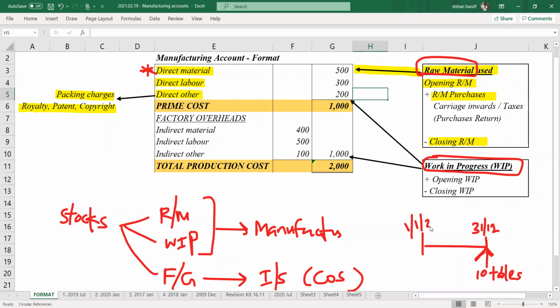This is 2020. This will be completed, FG means finished goods. These 10 tables will be completed in the next year. Therefore, the cost of this will be deducted from the current year.